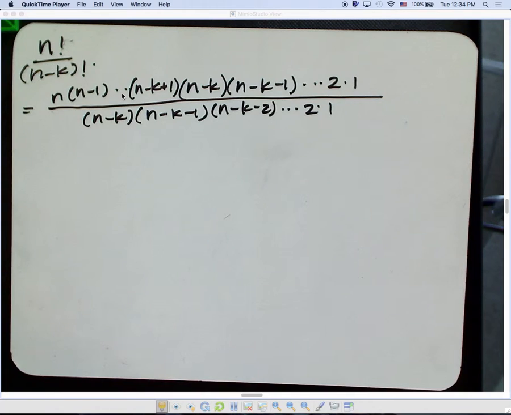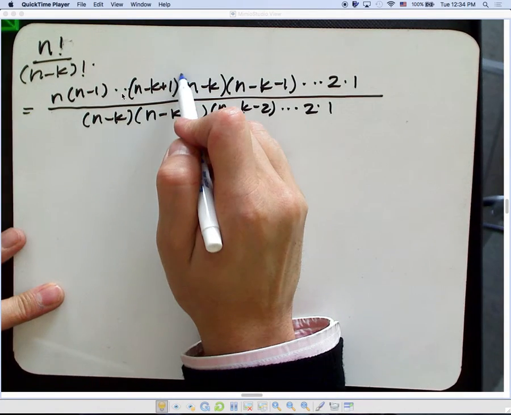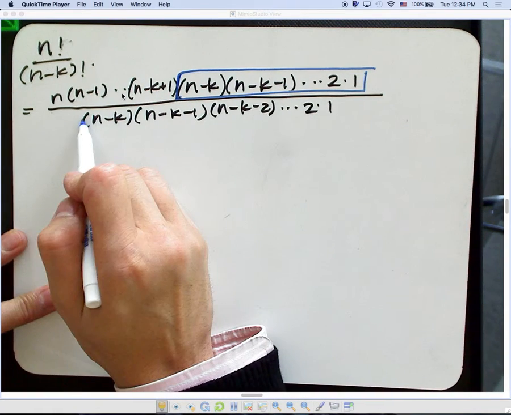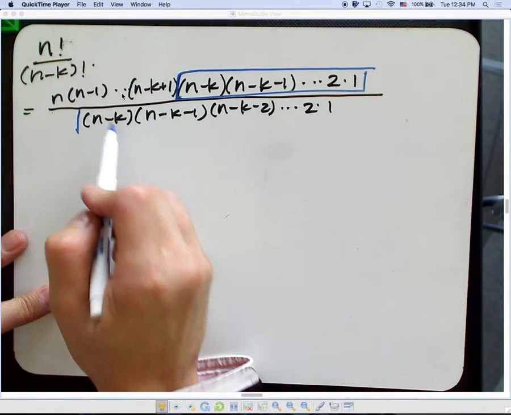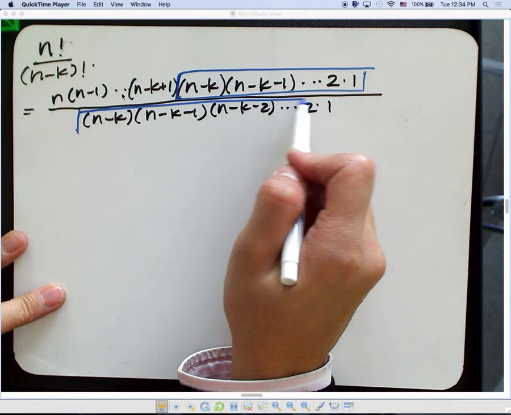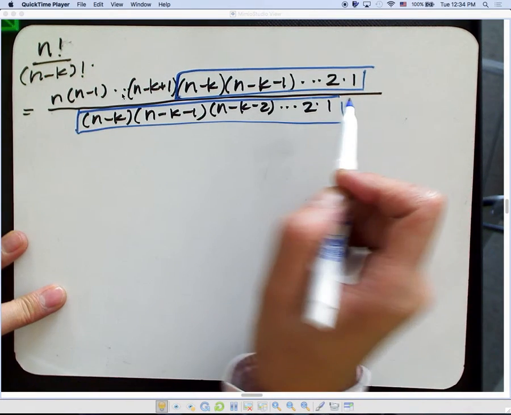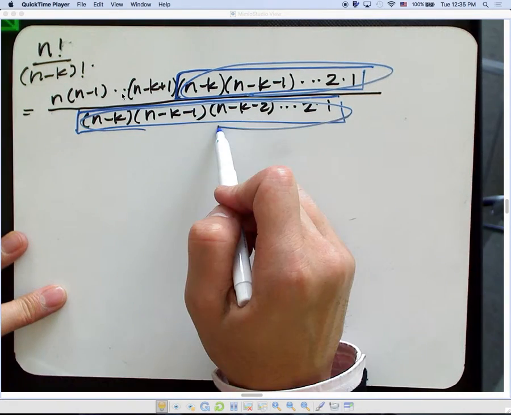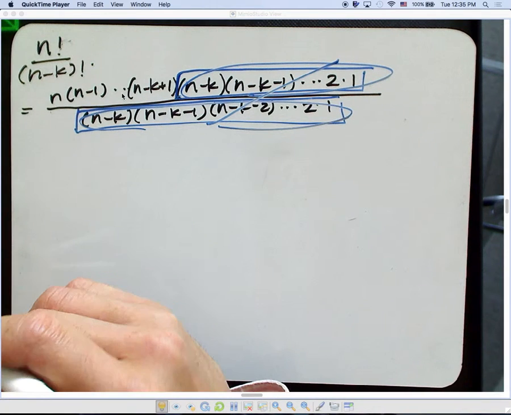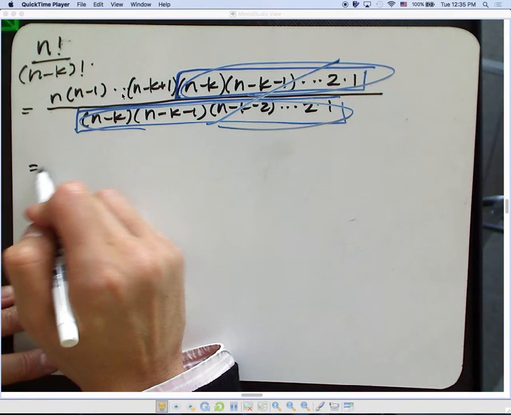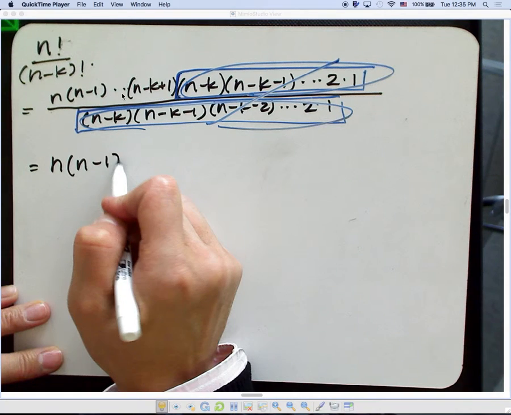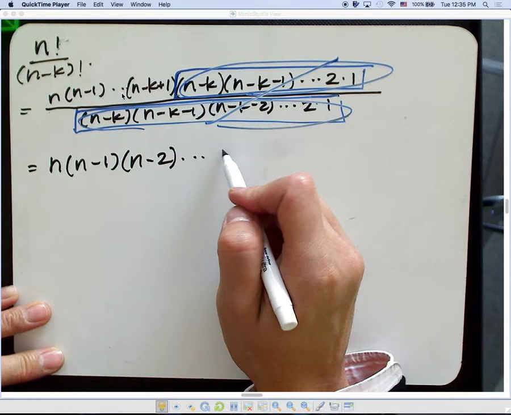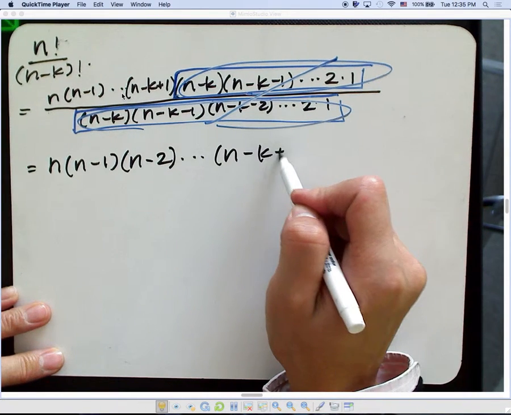The n minus k factorial on the top, in the numerator, and the one on the bottom are exactly the same. Whatever is divided by the same thing is 1, so that cancels out, and what's left is n times n minus 1 times n minus 2 times n minus 3, and so forth, and at the end n minus k plus 1.